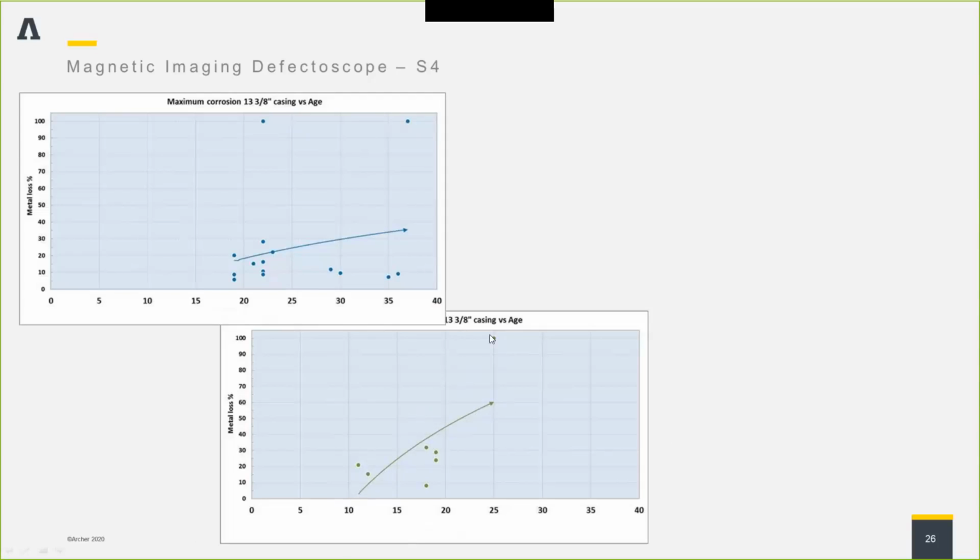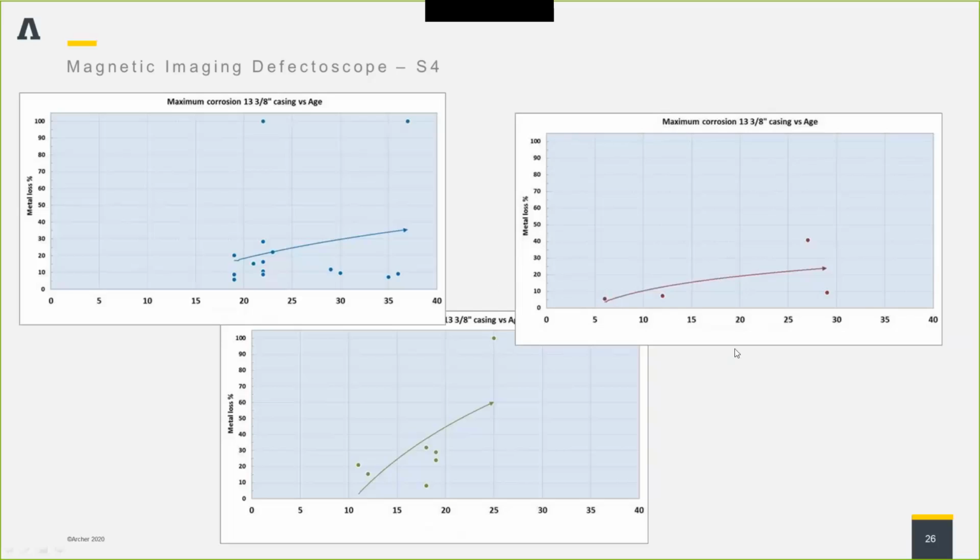And again, this is one of the areas where we have the outlier, where we have a complete hole in there. And then the third area is showing again an increasing trend against time, but it's much lower than either of the other 2.